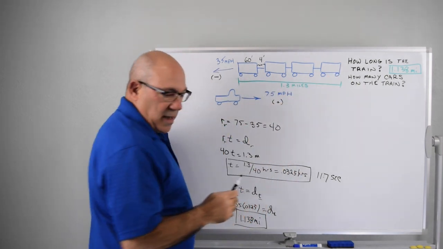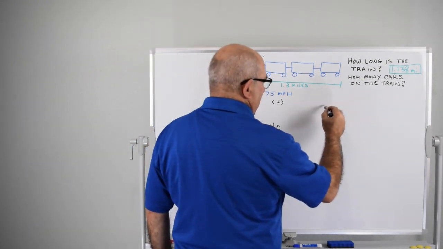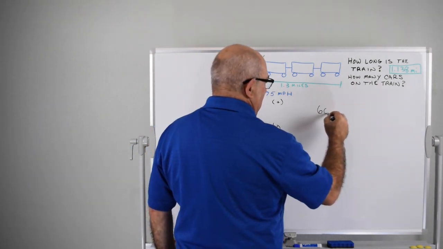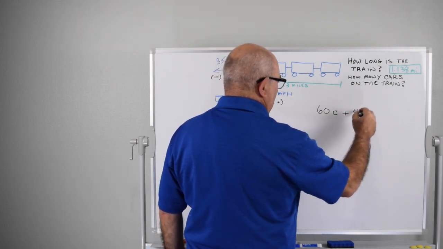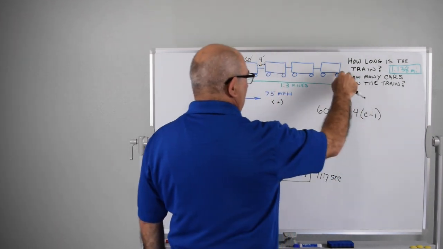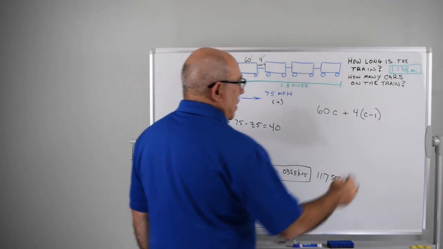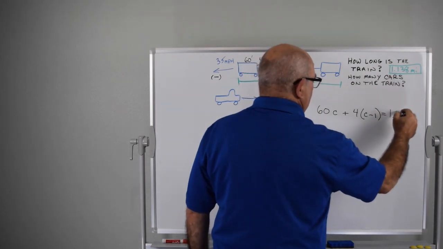So the formula is going to be 60 times the number of cars plus 4 times the number of cars minus 1, because we don't have one at the end, will equal 1.138 miles.